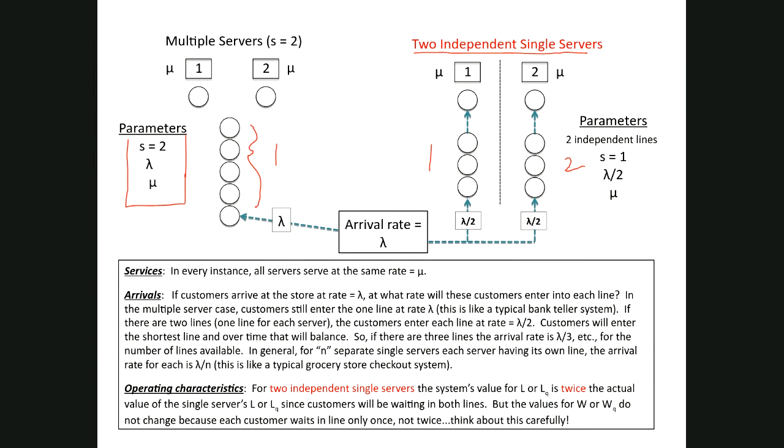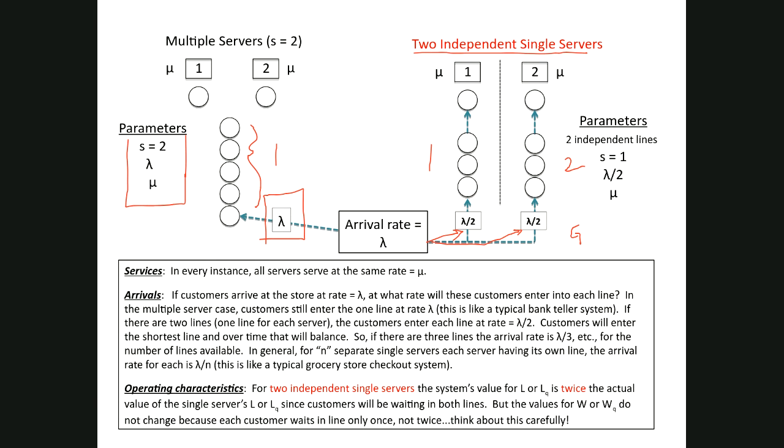The difference is, in the system on the left, which is like our Draper Clinic, the arrival rate is lambda. In the situation on the right, I'm going to call this the grocery store or Walmart or most department stores, the customers will choose one of the two lines. And you can assume, by the way people behave, that over time the same rate of arrival will occur in each one of these lines.